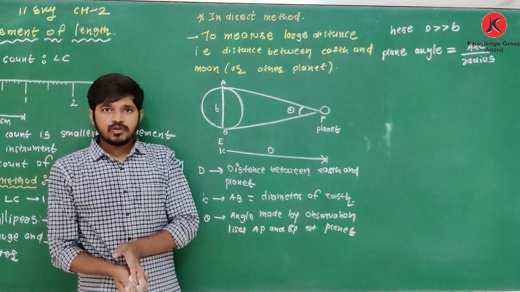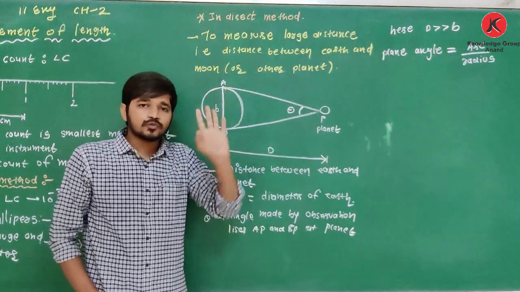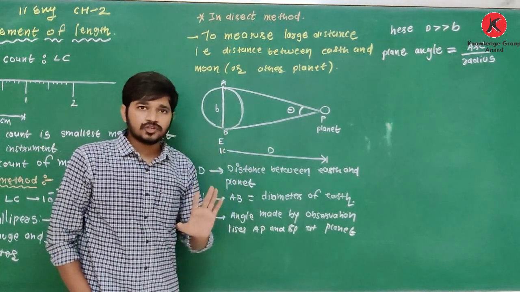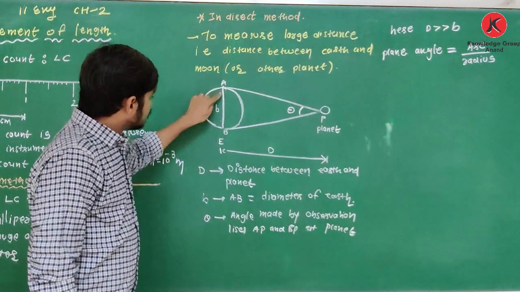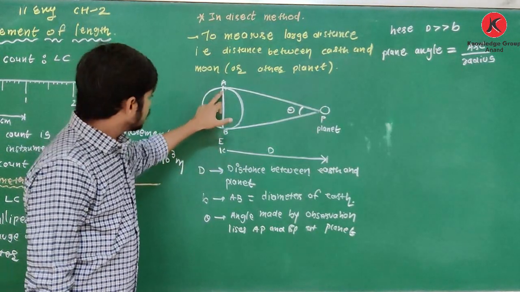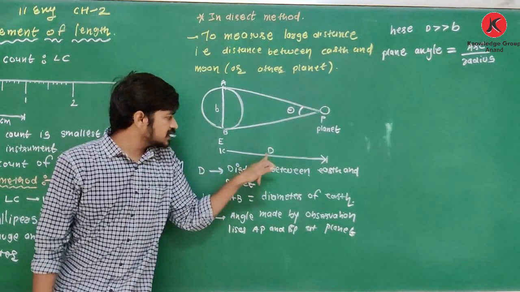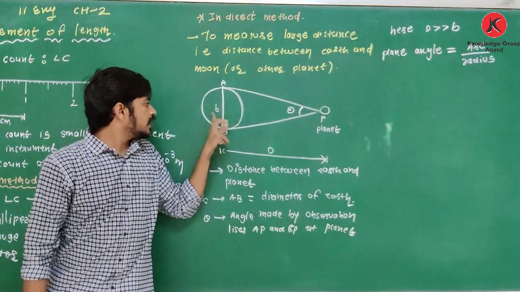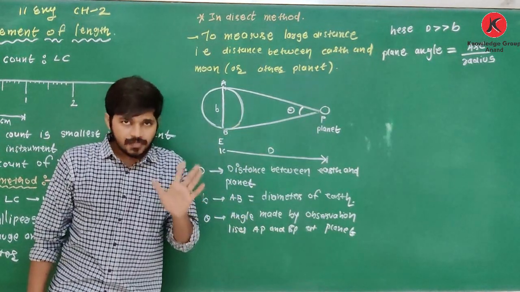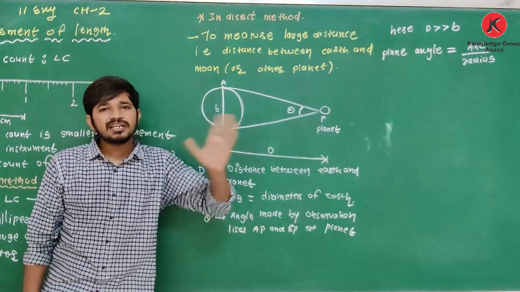For example, this distance d is 10,000. This AB is 49. This arc is 51. So with respect to 10,000, 49 and 51 are nearly the same. There is no more difference.